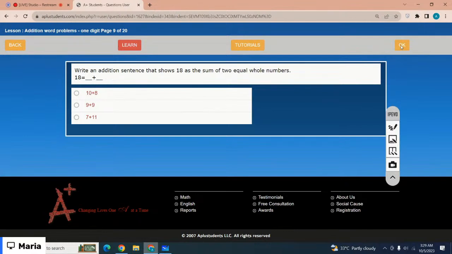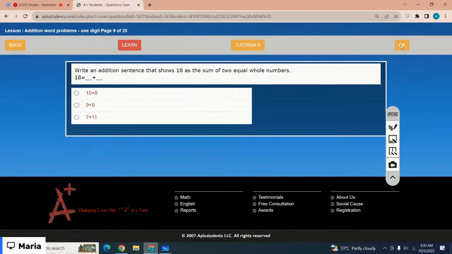Write an addition sentence that shows 18 as the sum of two equal whole numbers. So 18 equals, the correct option is 9 plus 9.